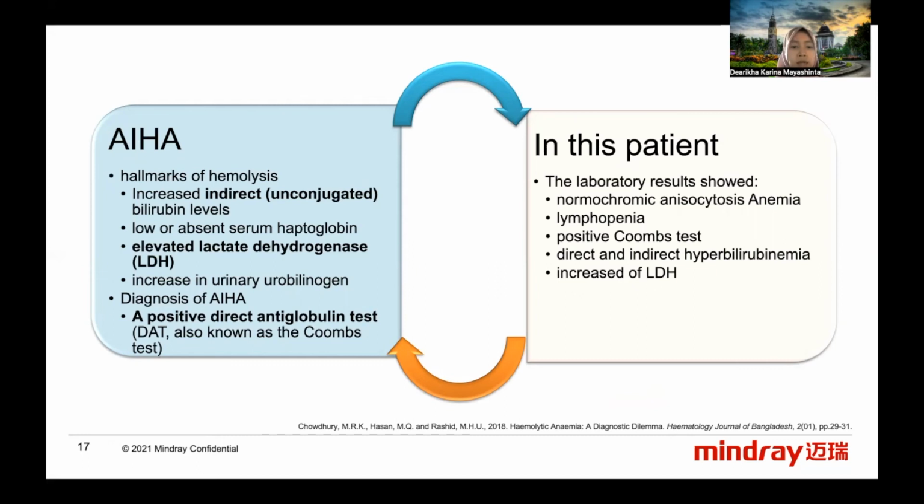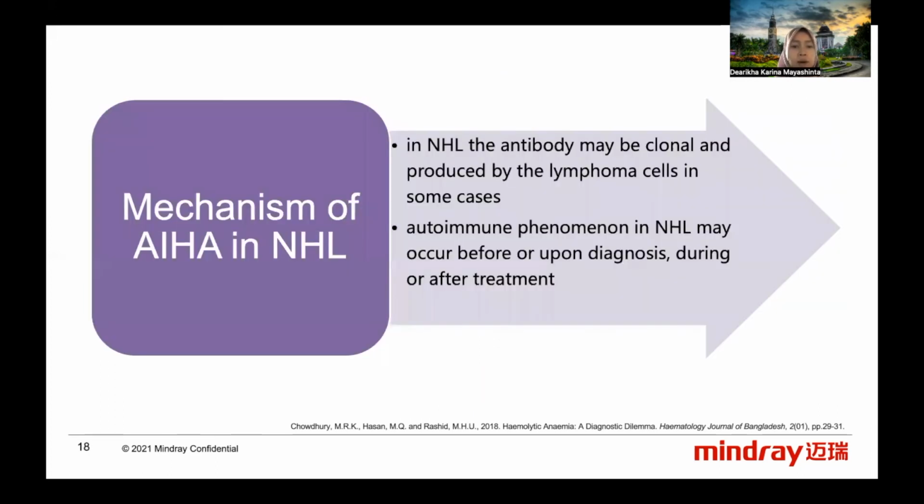A positive direct antiglobulin test, or DAT, also known as the Coombs test, is essential for diagnosis. In this patient, the laboratory results showed normochromic anisocytosis anemia, lymphopenia, positive Coombs test, direct and indirect hyperbilirubinemia, and increase of LDH.